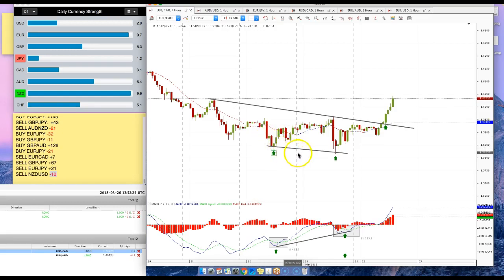And then you look for another swing point, which is here, which is lower, and notice that this swing point and that swing point, price is going lower, but the wave pattern is going higher.